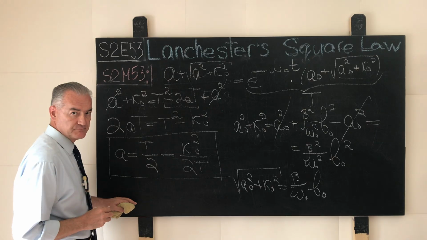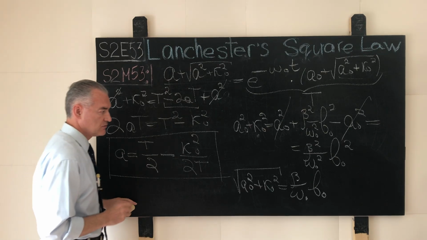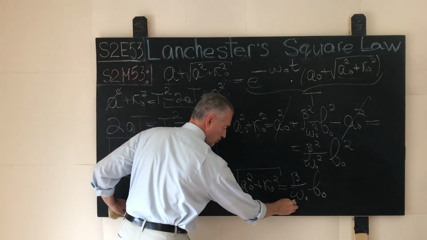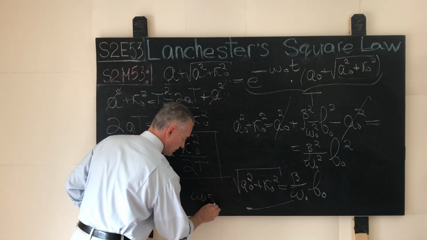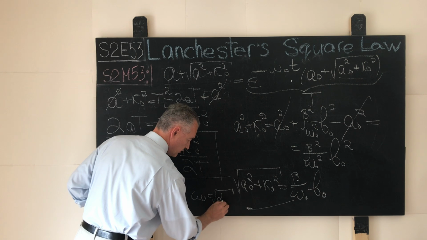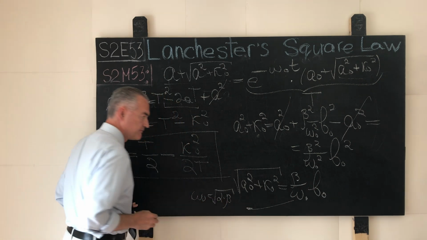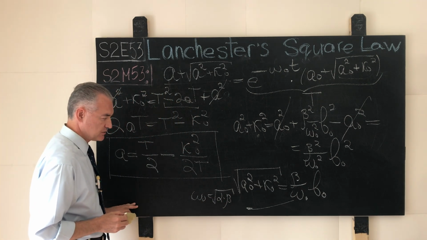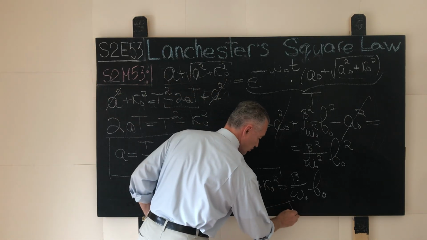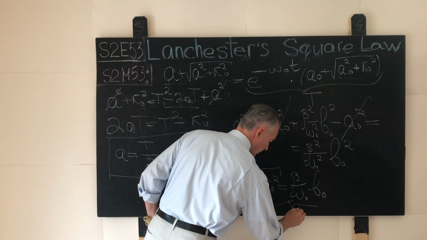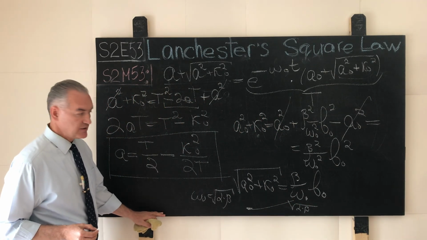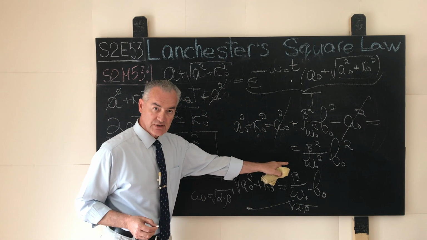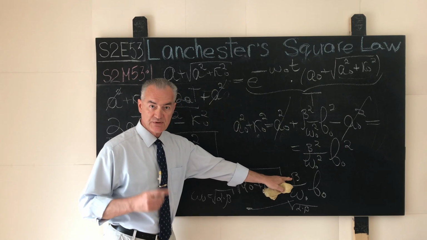Would you agree? Exactly. Now, for the final step, what is omega 0? Remember, omega 0 is the square root of alpha times beta. Would you agree? Yes, you would agree. So here on the bottom there goes the square root of alpha times beta. If we extend the square root upstairs to the second floor, beta over here will be squared.